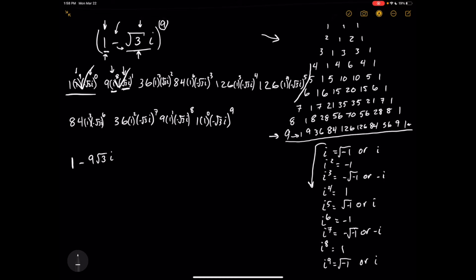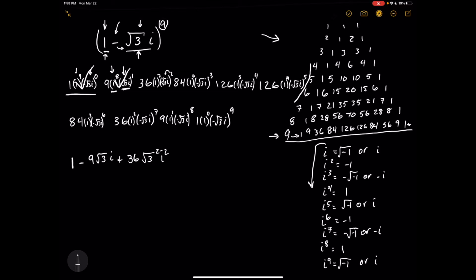This next one is 36. I'm going to look at the sign again, and this one is going to be negative, but squared, so with an even exponent, that's going to become a positive. So I'll have plus 36, and then I'm actually not going to simplify any further than just signs right now. I'm going to just leave it as root 3 squared and i squared.